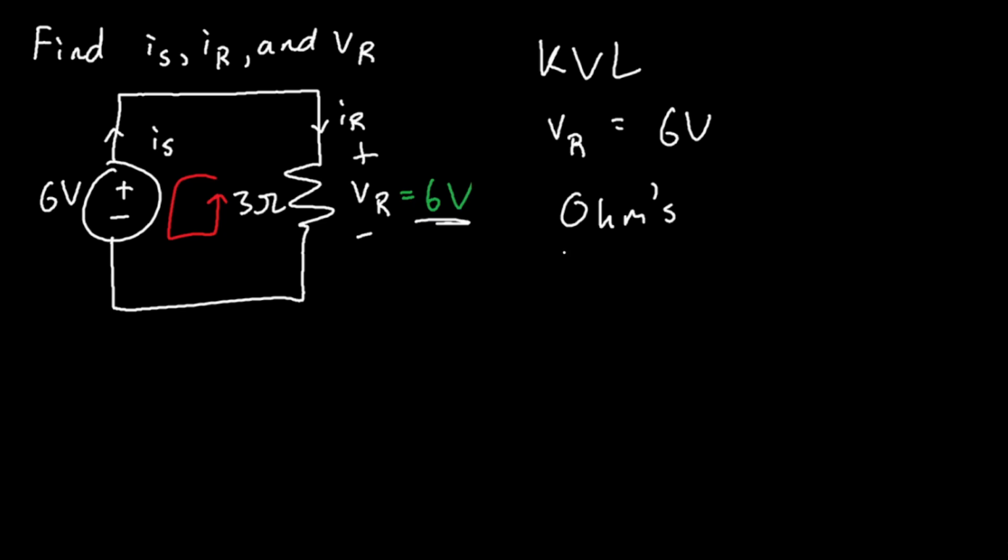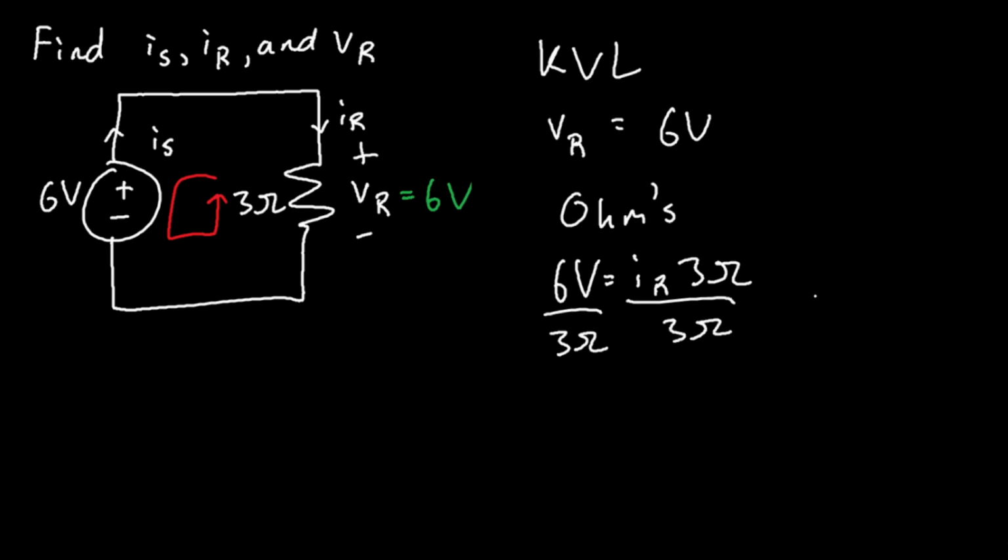The voltage at this resistor is 6 volts. The current is unknown, but we have the resistance, 3 ohms. If we divide by 3 ohms on both sides, we get I of R equals 6 divided by 3, which is 2 amps. So I of R is equal to 2 amps.